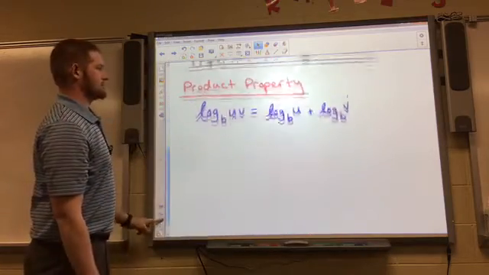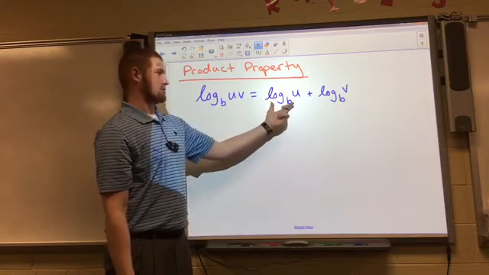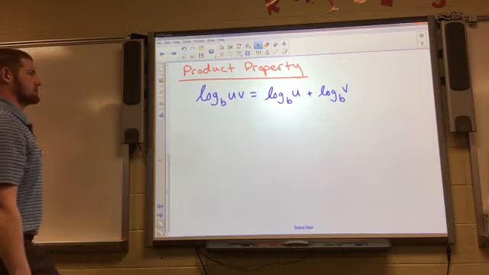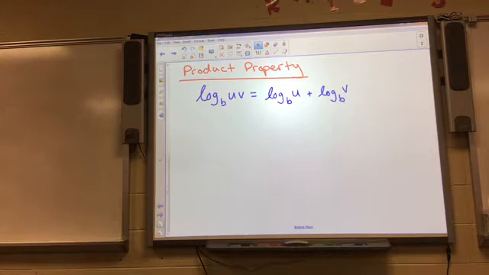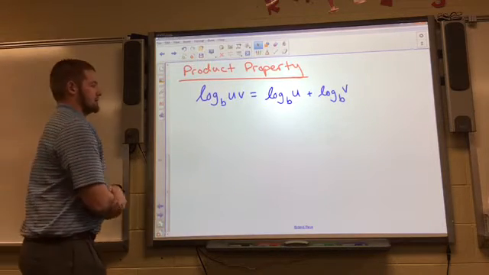So the main idea is if you're multiplying exponents, you add. That's a good property if you want to simplify things down and solve in easier ways. We can use this, and sometimes you're not going to have a choice. You're going to have to use this, which will be most of your cases today.